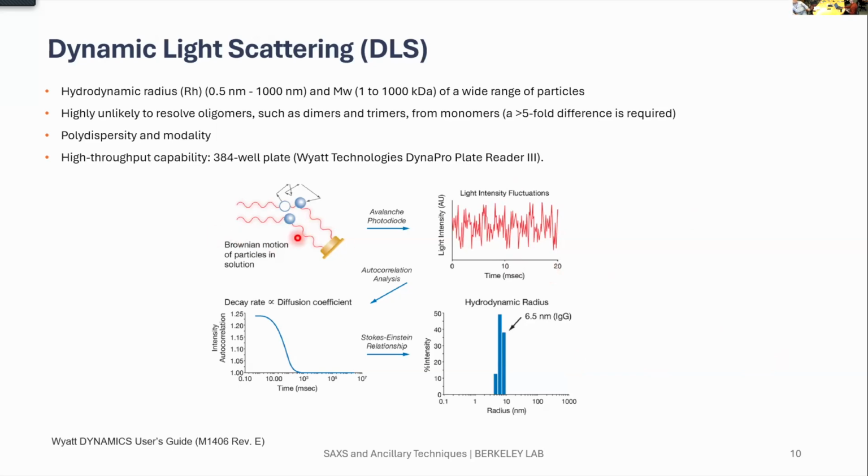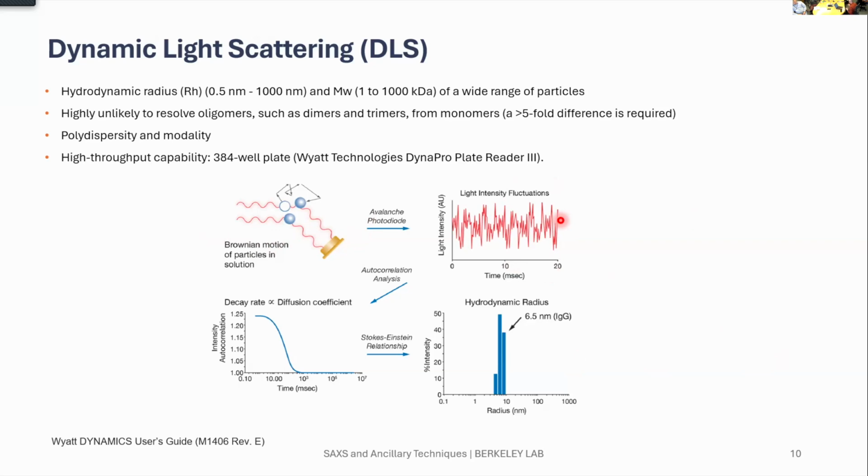So here, just quickly about how it works. Different particles with different sizes move in solution, and once light in DLS hits those particles, they fluctuate, and that fluctuation is directly related to the size of the particle.